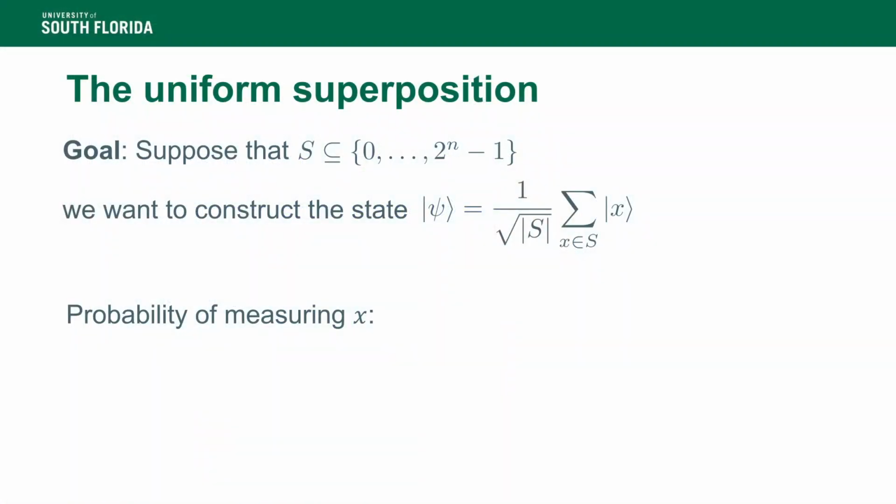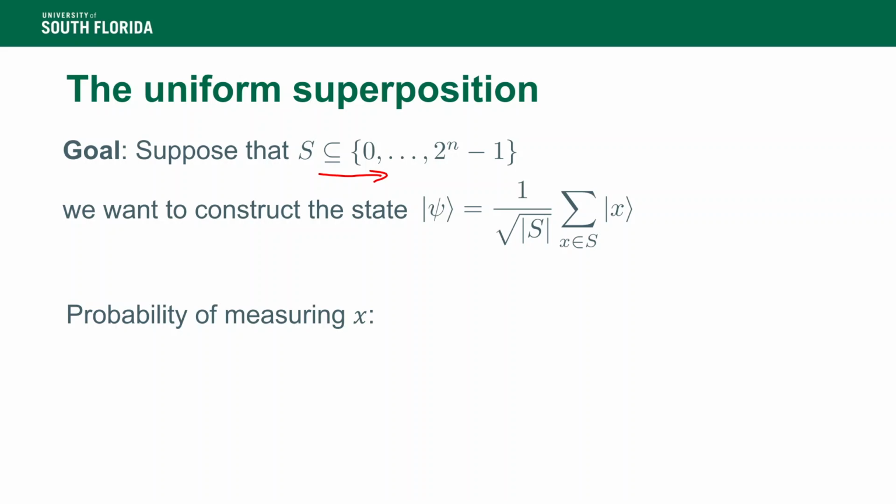Now, we need first to introduce the notion of uniform superposition. This is something that we have not been dealing with so far in the course. So uniform superposition: assume you have a set S of indices between 0 and 2^n minus 1.